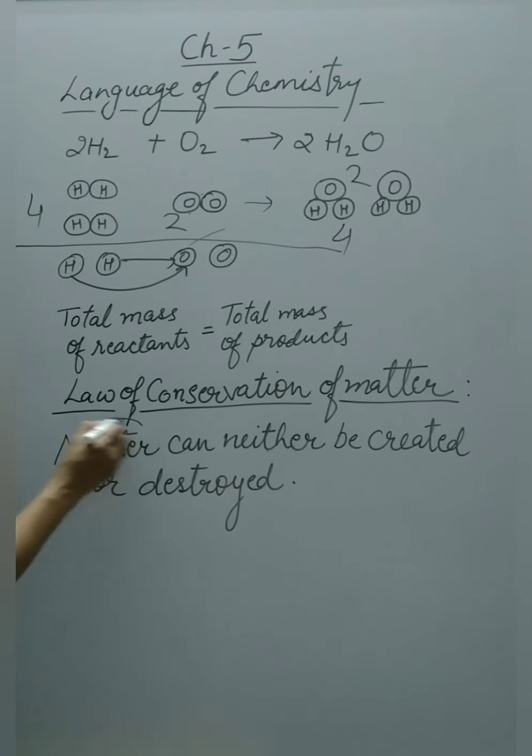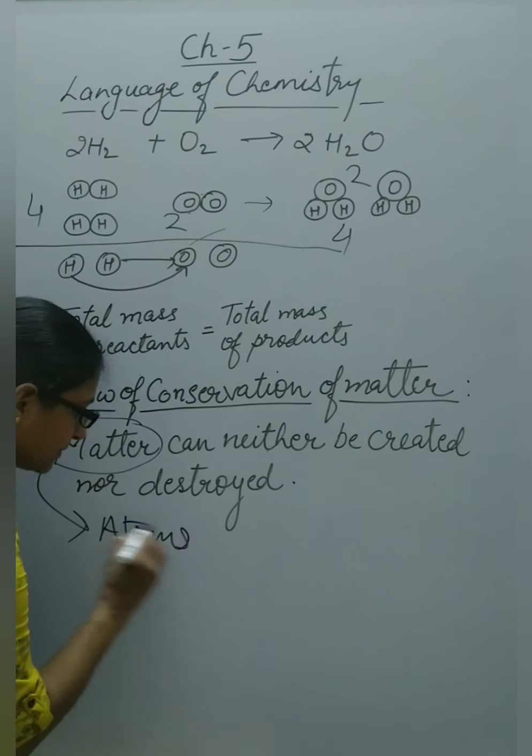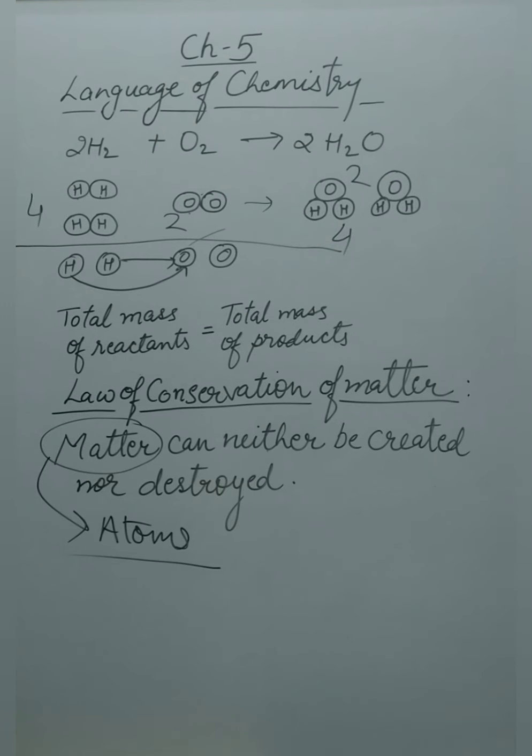Matter is basically made up of atoms, so we can say that atoms can neither be created nor destroyed. The same thing is happening in chemical reactions: no atom is created and no atom is destroyed. Only the arrangement of atoms is changed during a chemical reaction, and the total number of atoms of each type remains the same on the reactant side as well as on the product side.